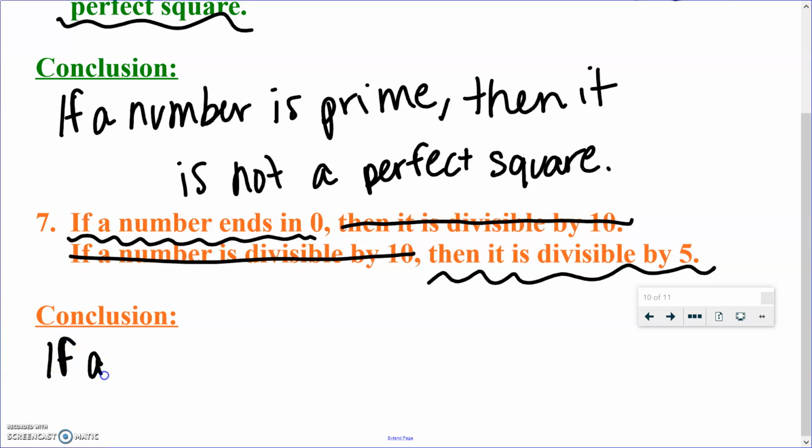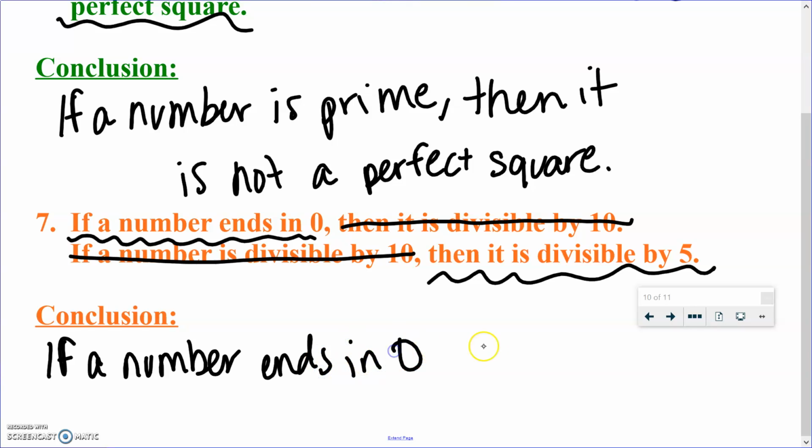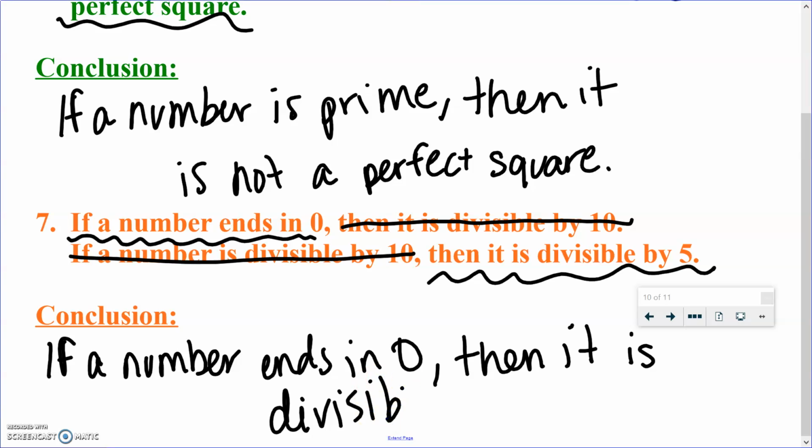If a number ends in 0, then it is divisible by 5. Okay?